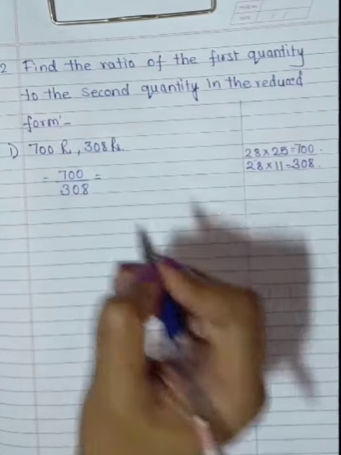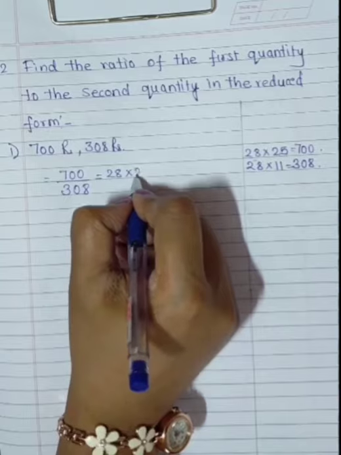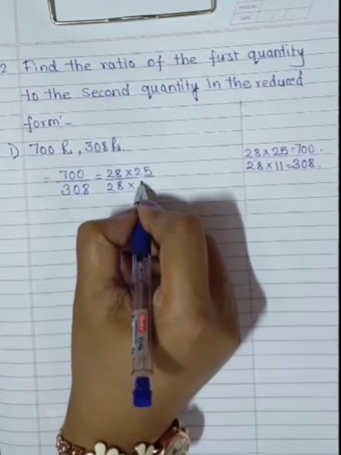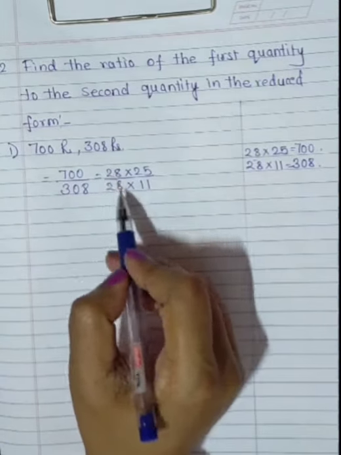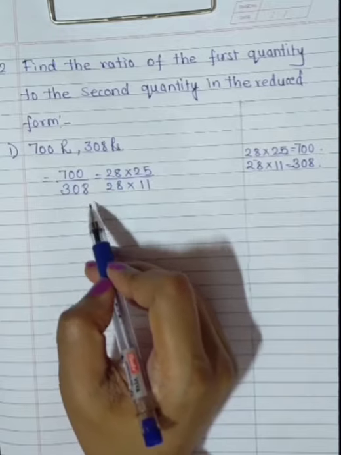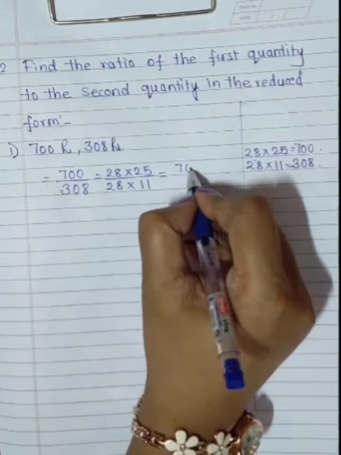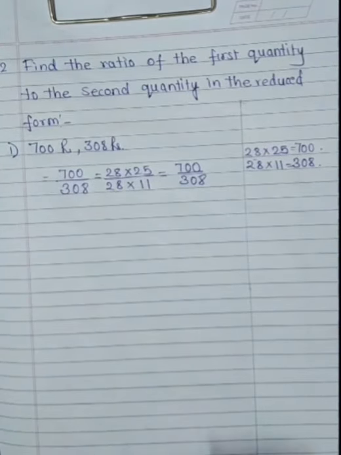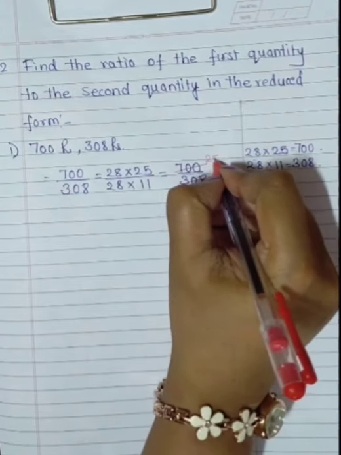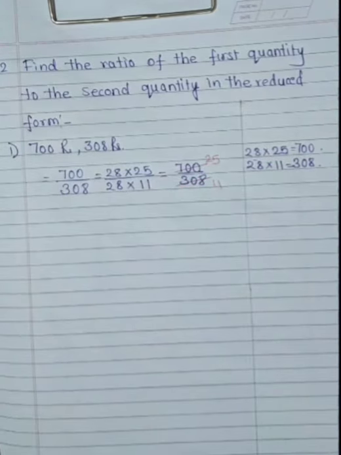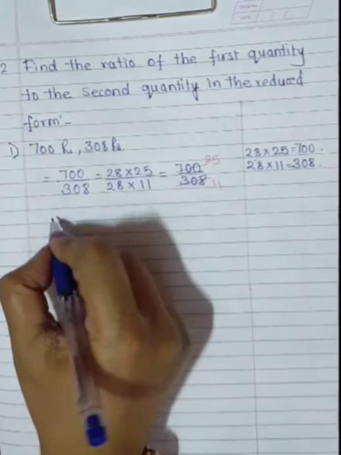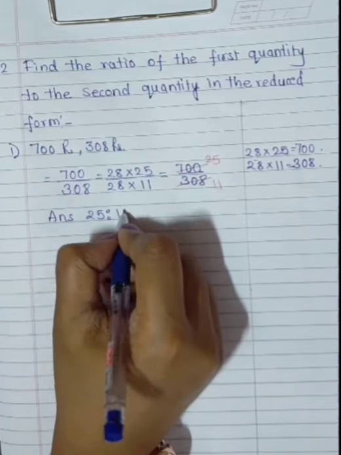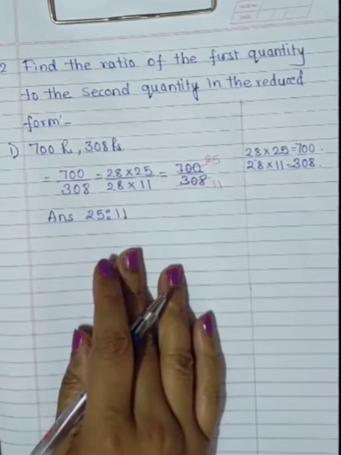So in the 28 table both numbers will come. Here directly I am showing 700 upon 308. When we directly divide, we'll get the answer 25 and 11. Therefore the answer is 25:11. I hope you are understanding.